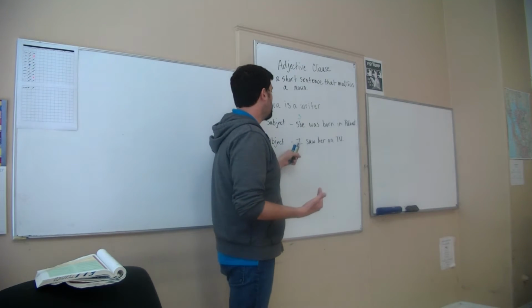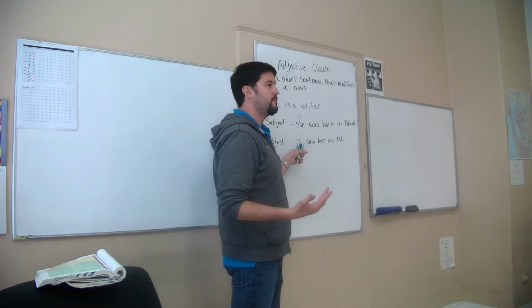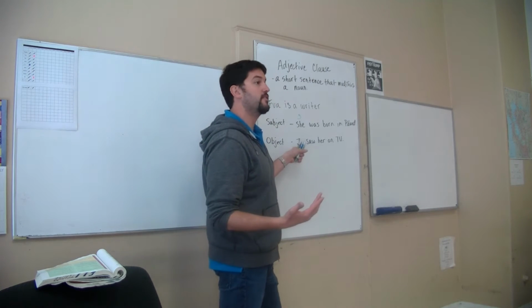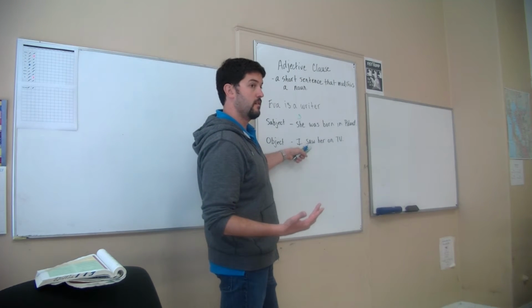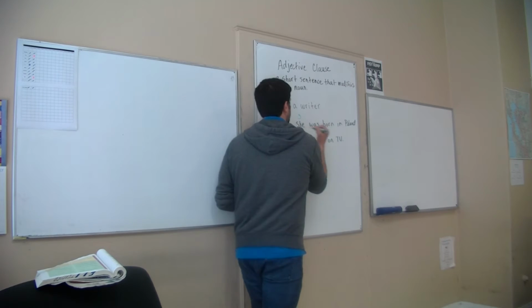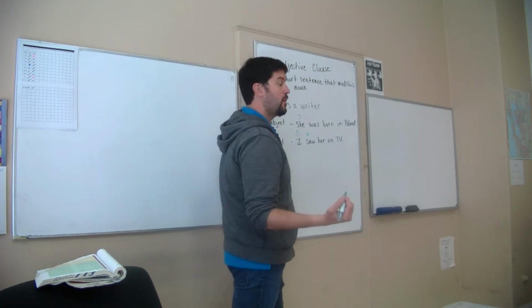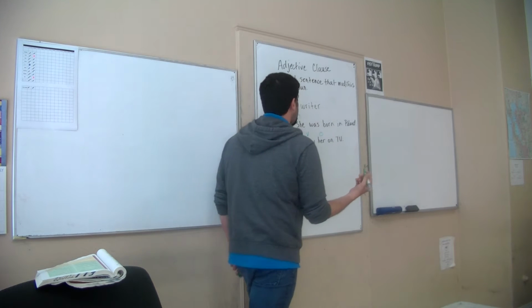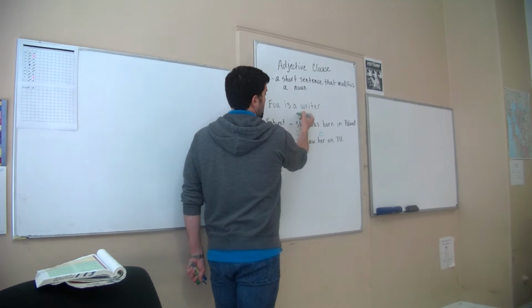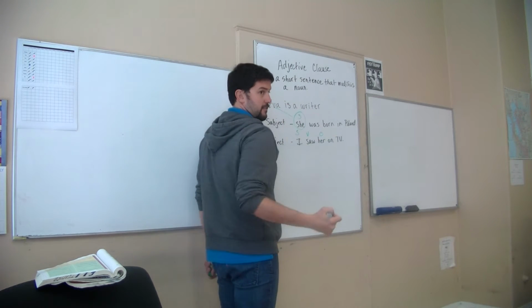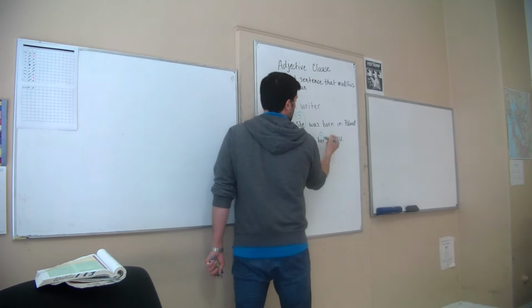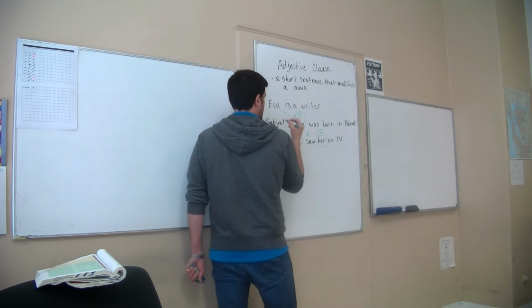Okay, so what's in this sentence? What's the subject? I. Good. What's the verb? Saw. Good. Who's the object? Her. Okay. So see, in this one, she, Ava, is the subject. Okay, and in this one, her. She's an object.